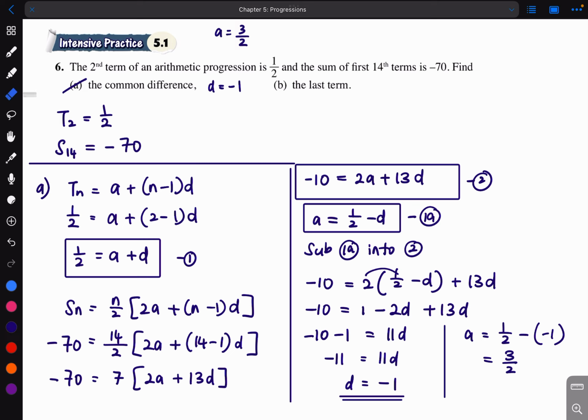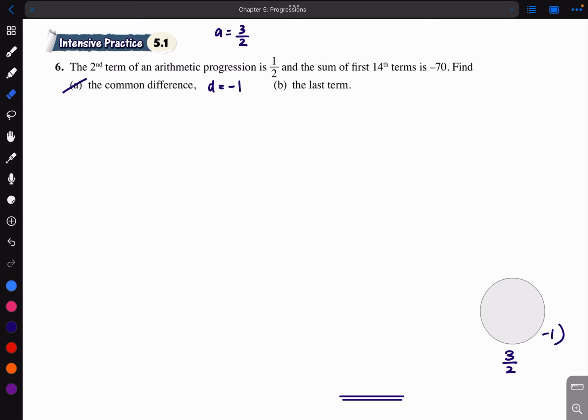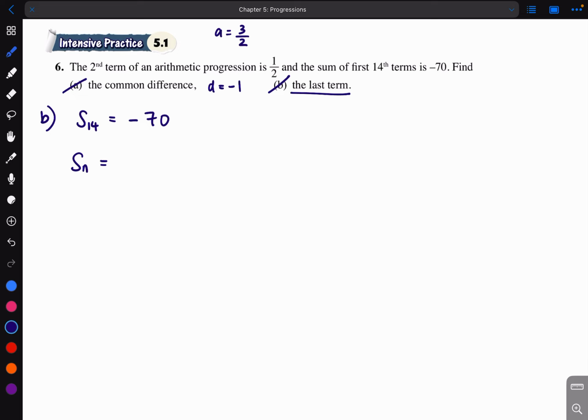Alright. Okay, let's try to solve question B. Find the last term. So we can use our S14. S14 is negative 70. Sn has another formula involving the last term.